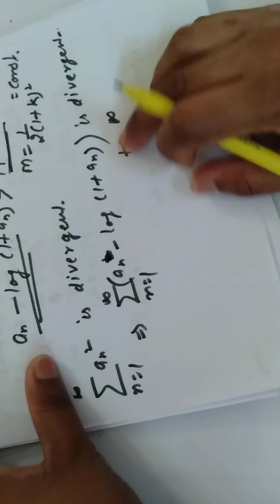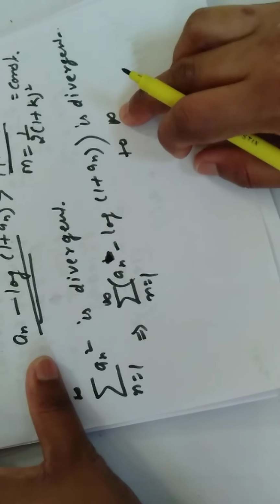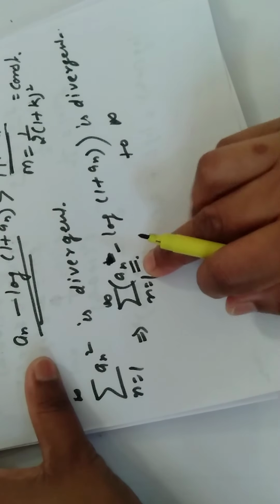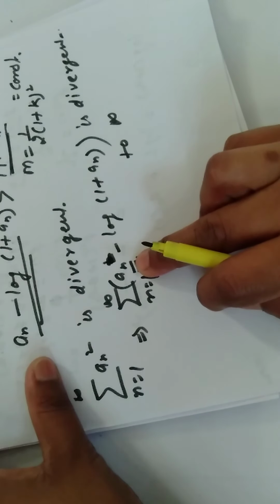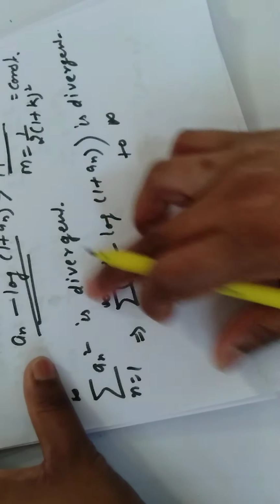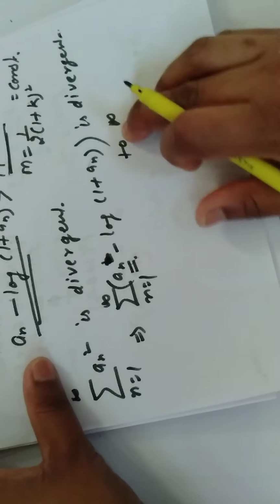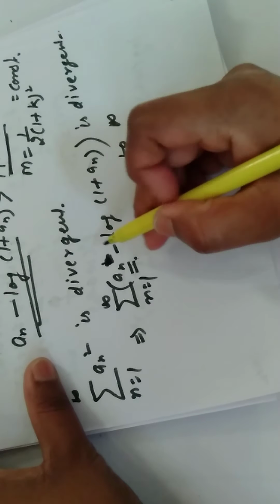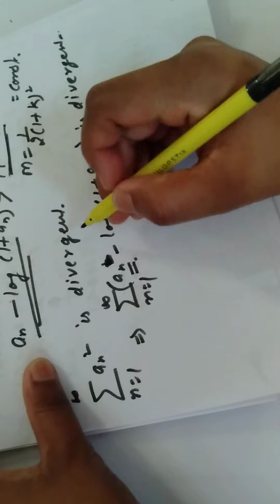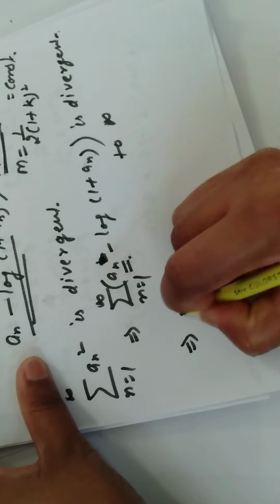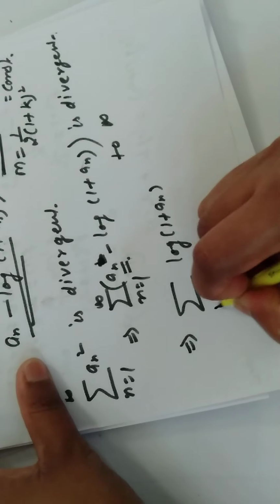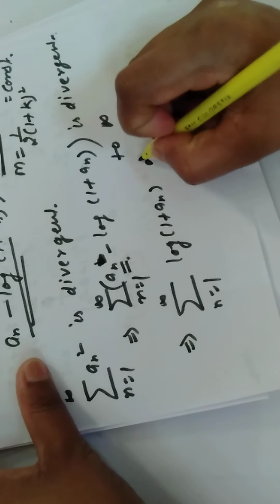So this series diverges to plus infinity. Now this series summation n is convergent or oscillates between finite limits, so it is not divergent, but the difference of two series is divergent and diverges to plus infinity. Here it is a negative sign and the overall series diverges to plus infinity. That means the series summation log of 1 plus n must diverge to minus infinity.